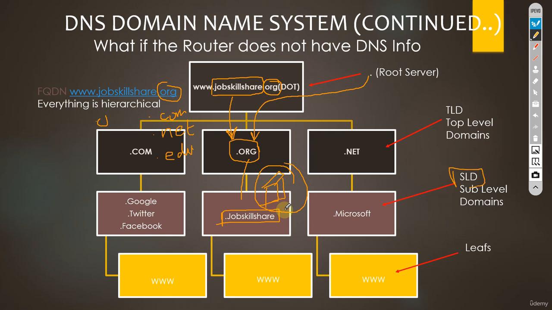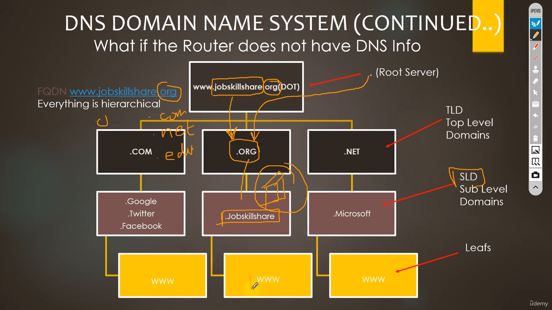The hosting server is basically a machine that is sitting somewhere far away from our location or somewhere in a public cloud, which has all the information regarding job skill share. The contents, the images, the files, and everything is residing on this physical server. So that is basically the sub level domain.